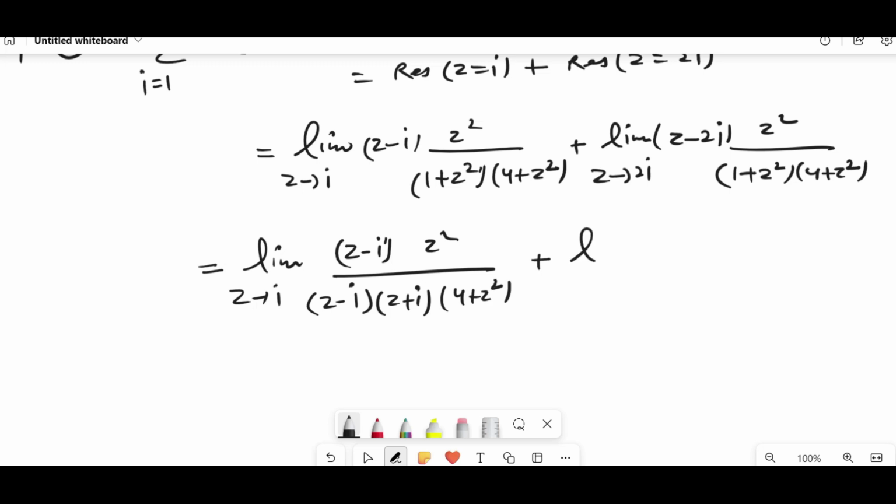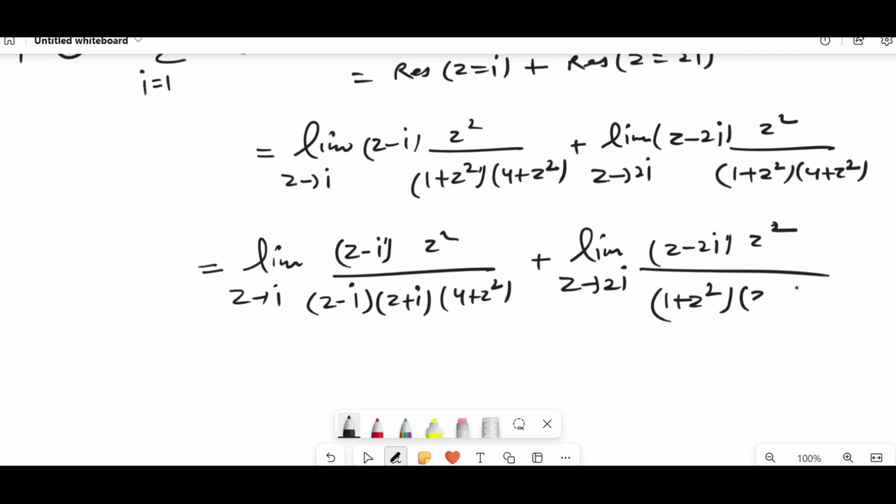Now the limit z tending to 2i of z minus 2i, z square over 1 plus z square, z minus 2i and z plus 2i. You can see this factor will be cancelled out, and this factor will be cancelled out.